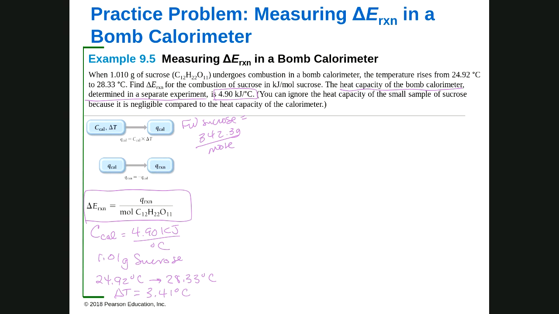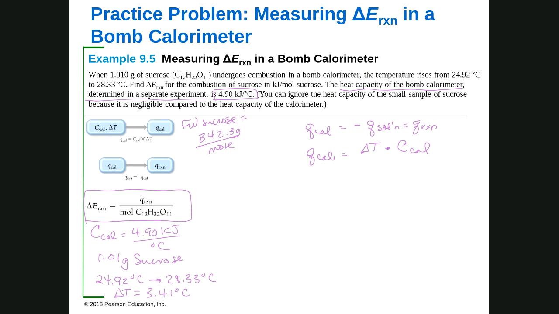Since I already know the calorimeter constant, I know that the Q of the calorimeter is equal to the negative Q of the solution, which is basically the Q of the reaction. The Q of the calorimeter is equal to delta T times the C of the calorimeter.